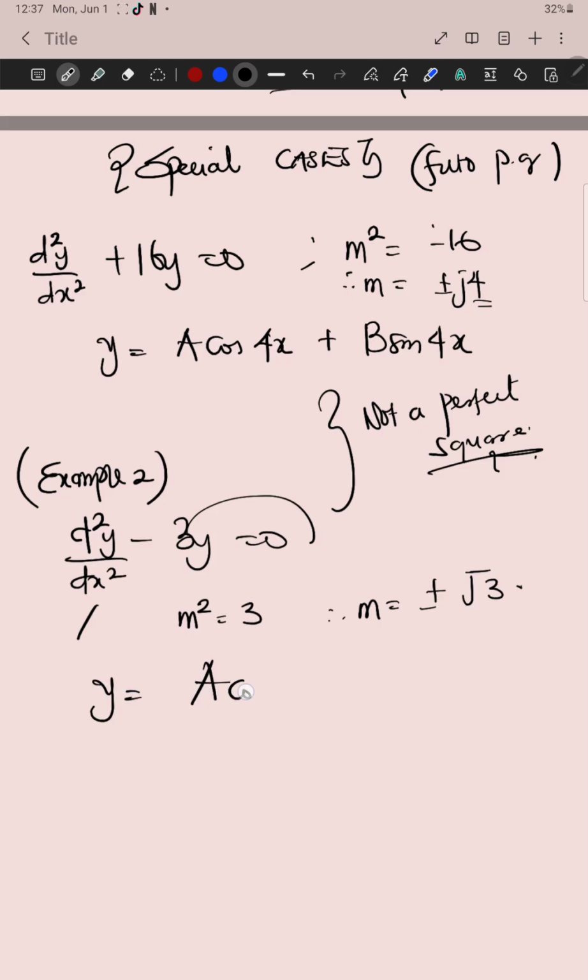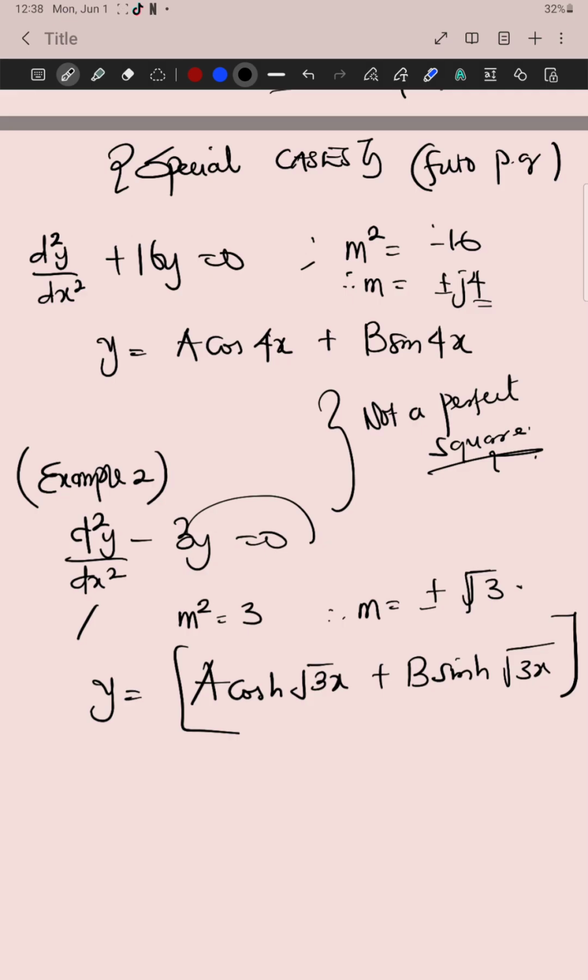So we have A cos square root of 3 x plus B sin square root of 3 x. Please, not a perfect square. When you have gotten the auxiliary equation and you discover that you're having square root of 5, square root of 7, square root of 3, it becomes what? A cos. Is that clear? That's where cos comes in. Those are special cases.